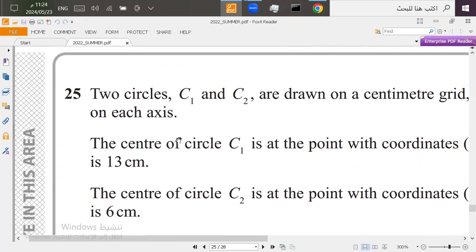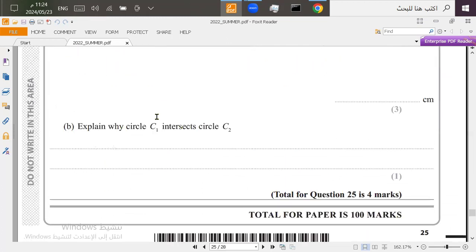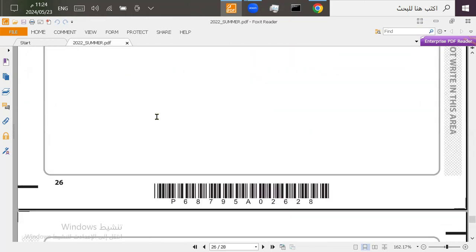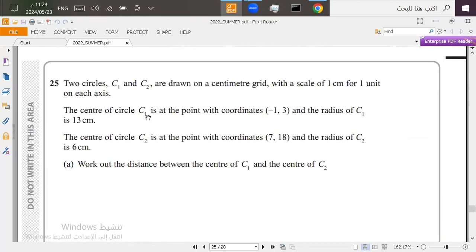Question 25. Let's zoom out. I think this is the last question here. Question 25: two circles C1, C2 are drawn on a centimeter grid with a scale of 1 centimeter for 1 unit on each axis.